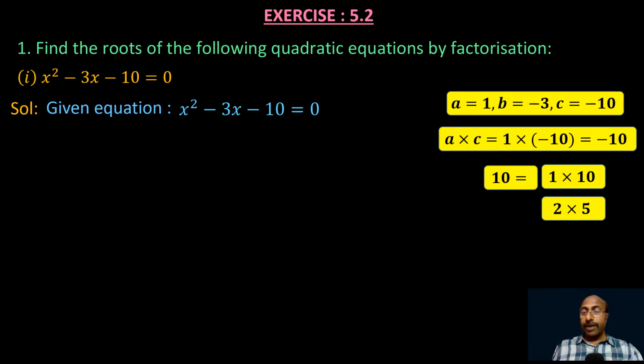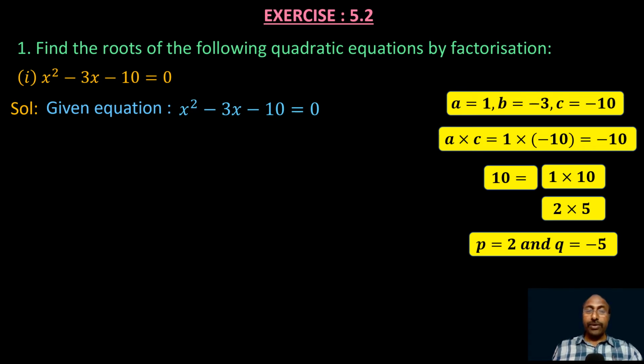So here from 1 and 10 we can't get b, but from 2 and 5 we get b, that is minus 3. How can we get minus 3 using 2 and 5? Minus 5 plus 2 is equal to minus 3. And also we can check that minus 5 into plus 2 is equal to minus 10. So the values of p and q are p equal to 2 and q is equal to minus 5.